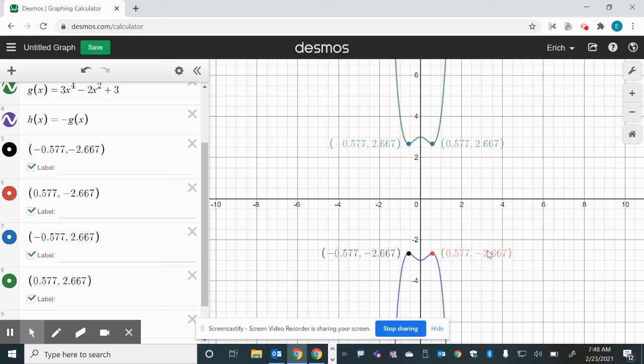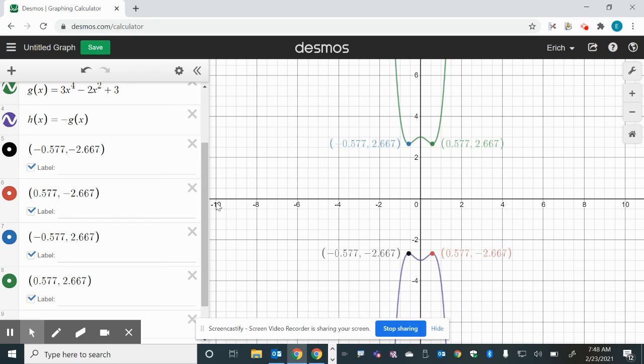If every point of the graph gives opposite answers, I have an even function. That's the reflectiveness over the x-axis. So you can clearly see that both functions, g of x and h of x, are even functions, and they have reflectiveness over the x-axis.